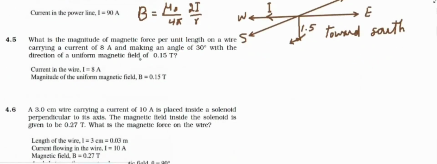Okay, now question 5. What is the magnitude of the magnetic force per unit length on a wire carrying a current of 8 ampere and making an angle of 30 degree with the direction of a uniform magnetic field of 0.15 Tesla? Okay, so the force acting on a current carrying conductor in a magnetic field is F equals I L B sine theta.